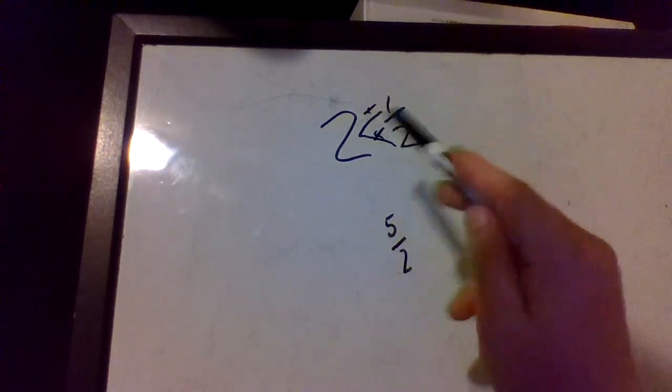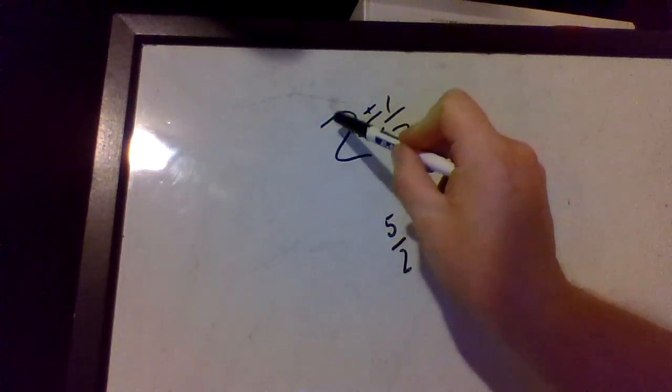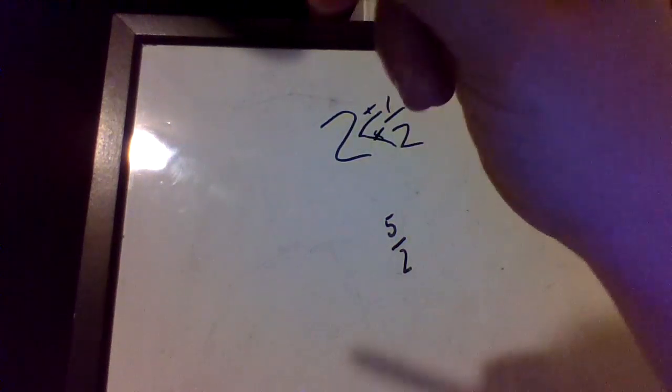If you were ever asked to explain this on a written response, that's exactly how you would explain it. Or better yet, I would say multiply the denominator by the whole number and then add the product to the numerator.